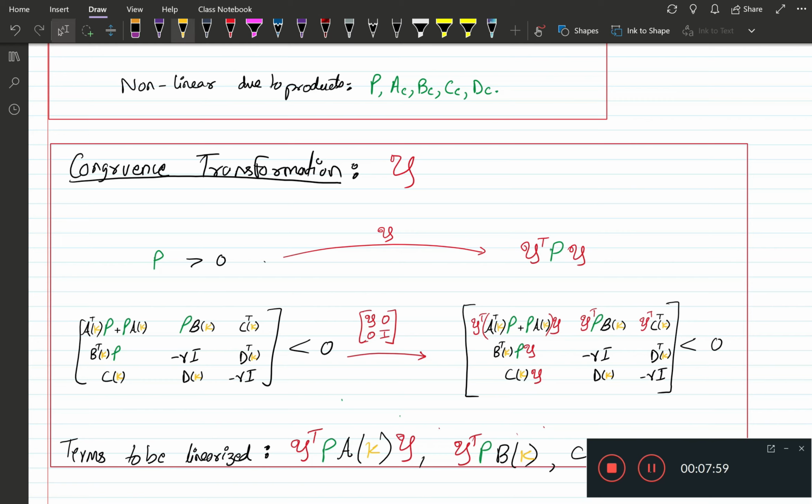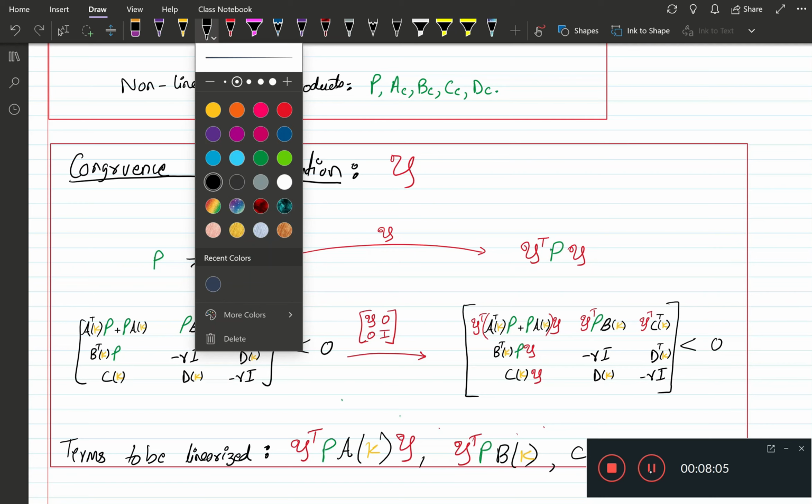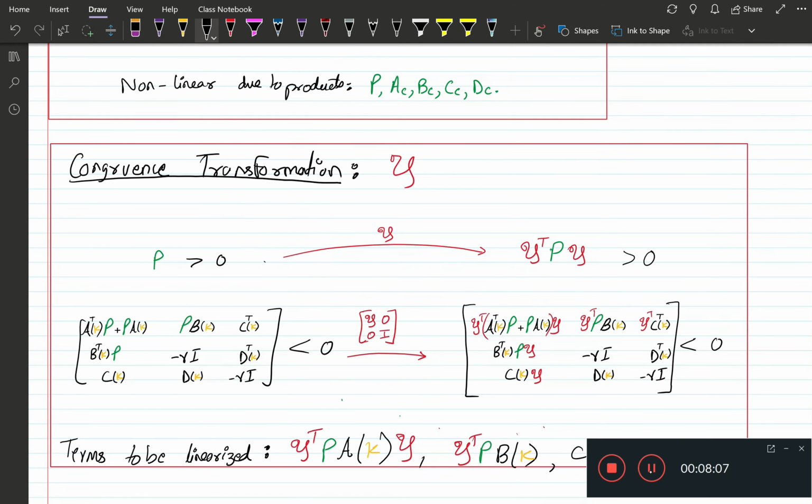So let me just write that as well. Positive definite, and we can similarly make a congruence transformation with Y, 0, 0, I to this one and obtain this condition here. So this matrix here, and then the condition would be this matrix negative definite.